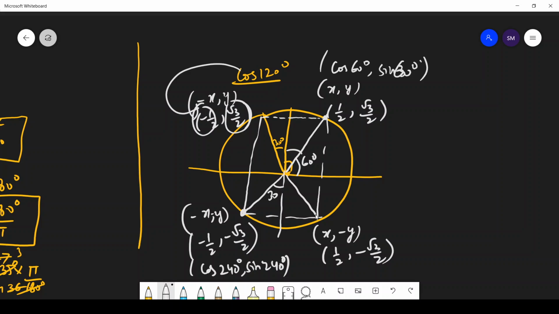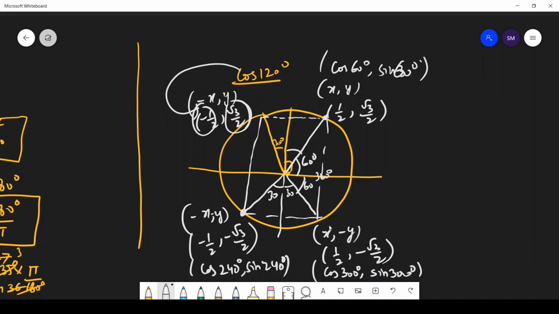What will be this angle? This is 30 or this is 60. Subtract 60 from 360, this is 270, then 300. So cos 300 and sin 300.